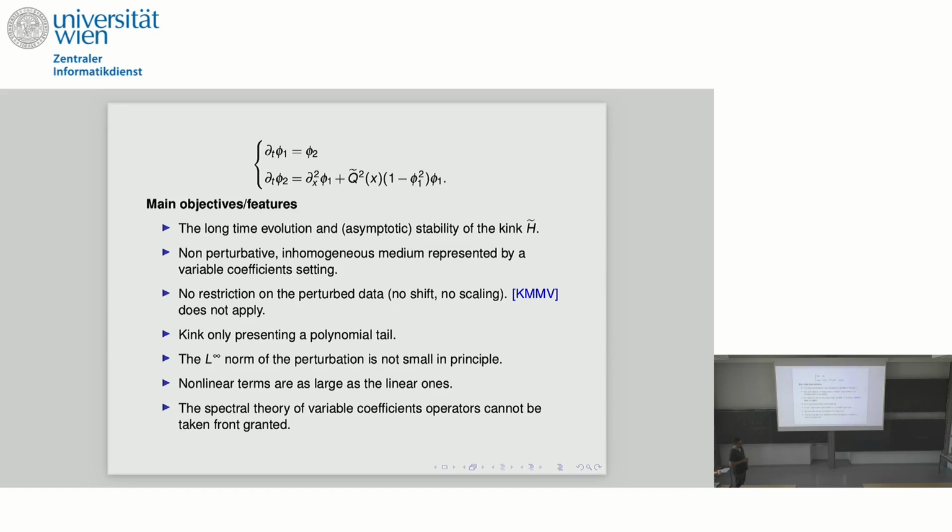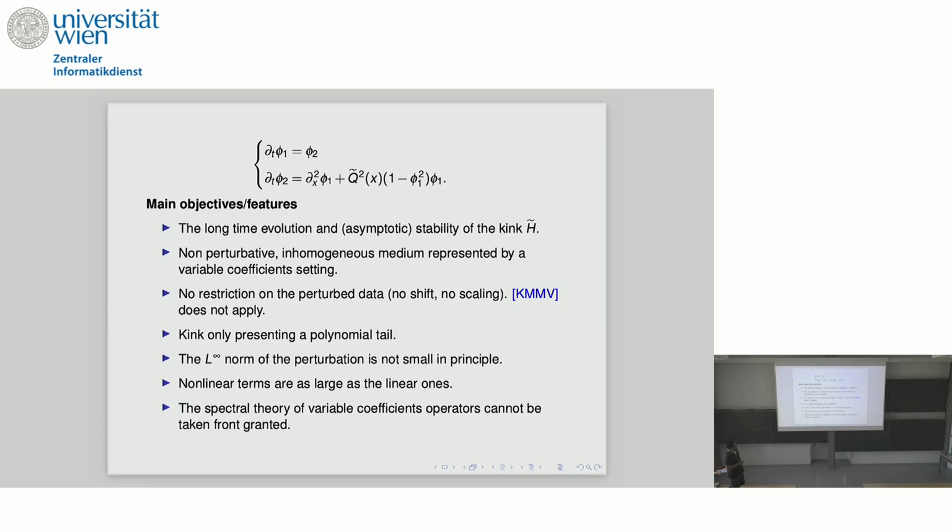Actually, in this paper, very late in the paper, we considered some models in the physics literature, and we avoided the case of polynomial tails because we couldn't treat them. So in this paper, it was one of the first moments we tried to consider kinks with polynomial tails.